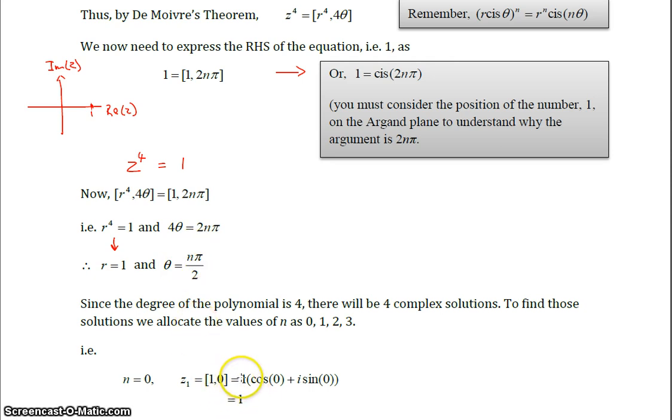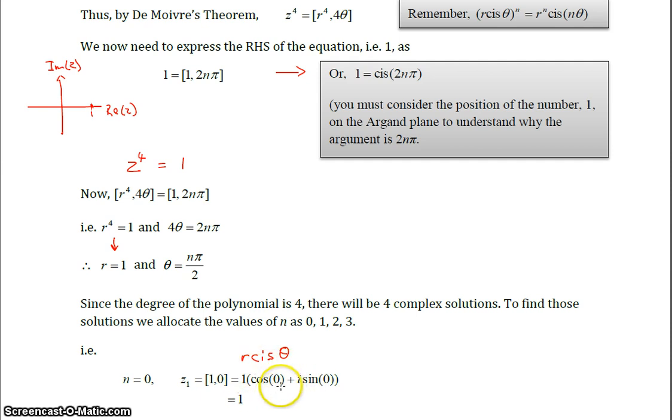Expanding that out, because remember this is our polar coordinate form, that's going to be equal to r cis theta. So our r value is 1 and our angle is, in this case, 0.